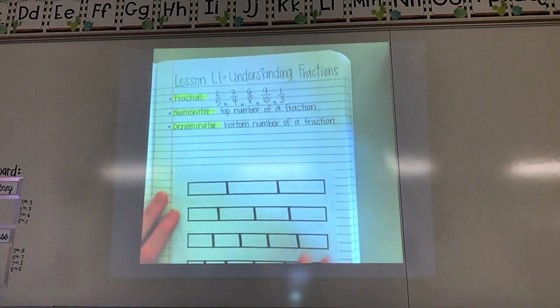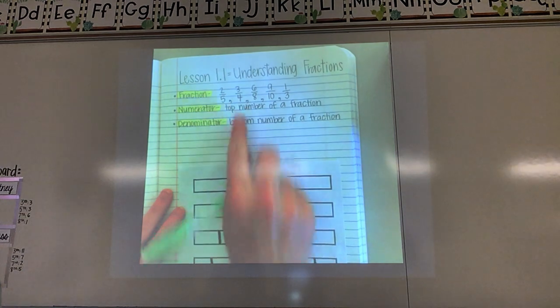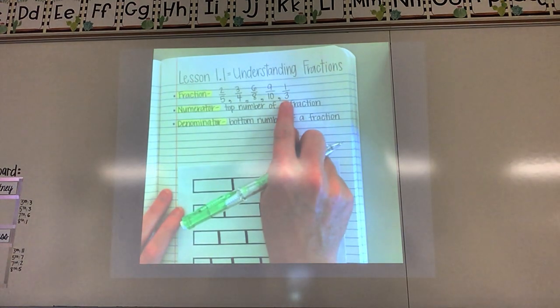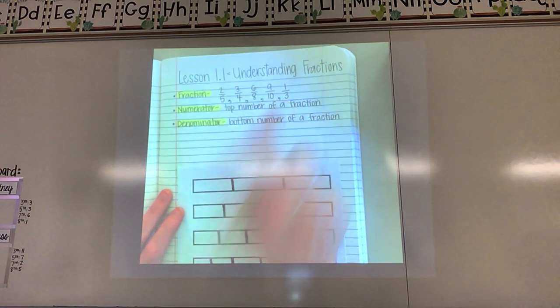So again, if we go back up to our fractions and we practice, if I'm pointing to this fraction, the denominator is 4 because that's the bottom number. Or if I go over here to this one, the denominator would be 3 because that's the bottom number.